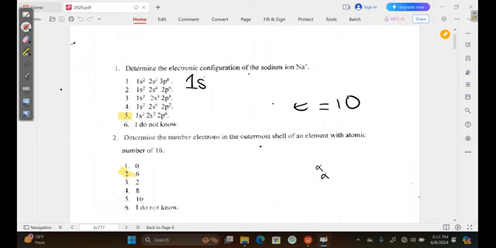The s orbital is able to accommodate a maximum number of 2 electrons. So this is in the first shell. So in the first shell, we only have 1 orbital. Then the second shell, we have the s, of course, there with 2 as the maximum. Then we have the 2p. So the p orbital is able to accommodate a maximum number of 6 electrons.